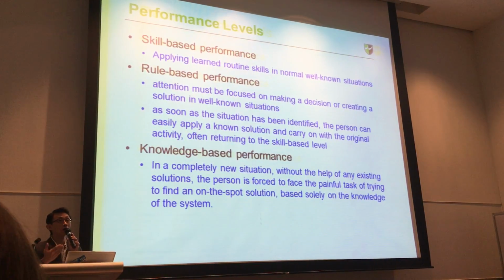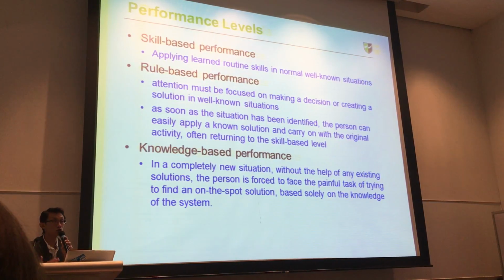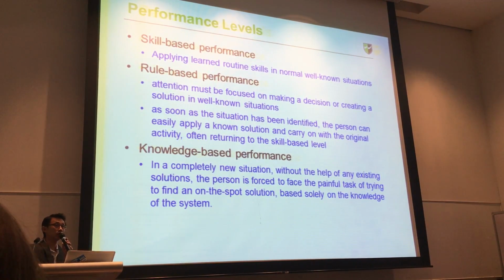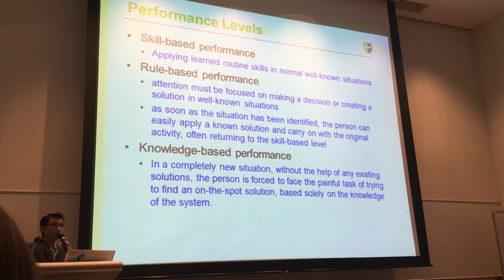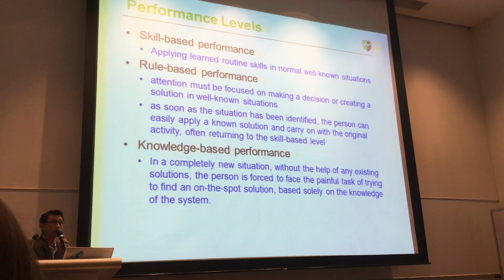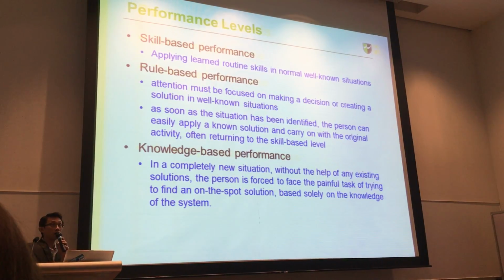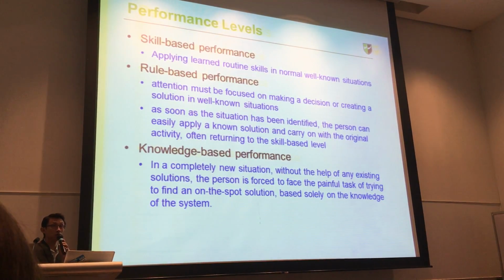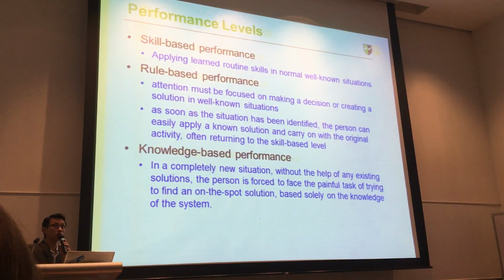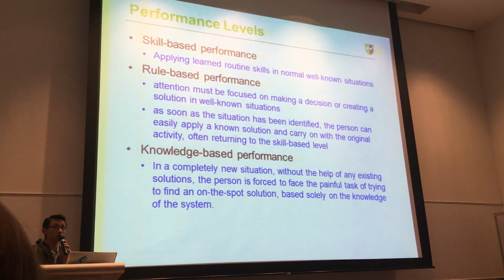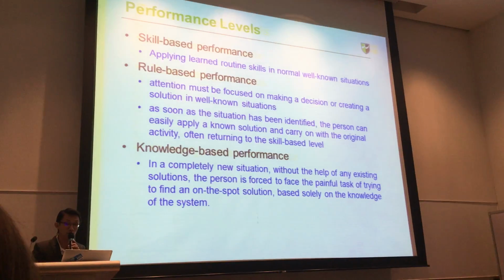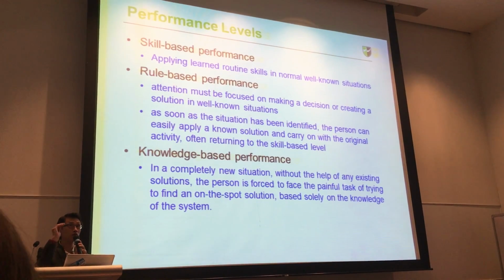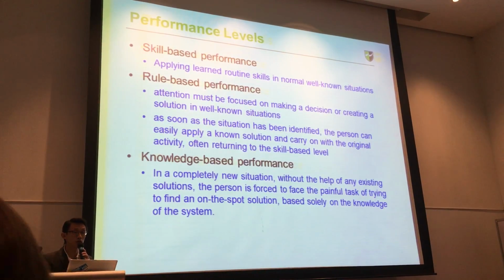Then you come up with a brand new solution based on your knowledge. That is knowledge-based performance. It usually happens on a system where the fault has occurred but has not been documented before. You are the first pioneer to go out there and solve this problem. So know the difference between these three performance levels.